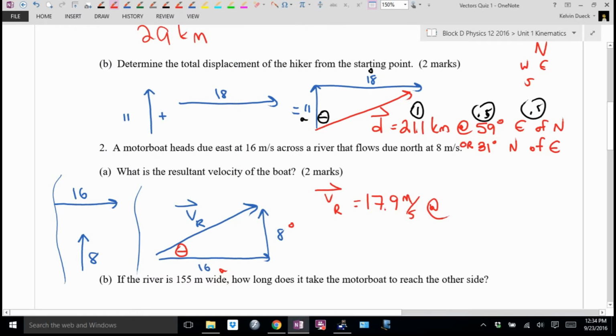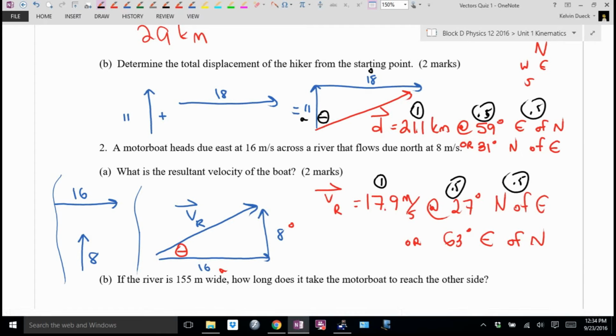I'm going to go 27 degrees. North of south, east of west, what of what? Mine is north of east. So I would also accept 90 minus 27, 63 degrees east of north. Same as before, Shana, 1 mark, half mark for the theta, half mark for the what of what.